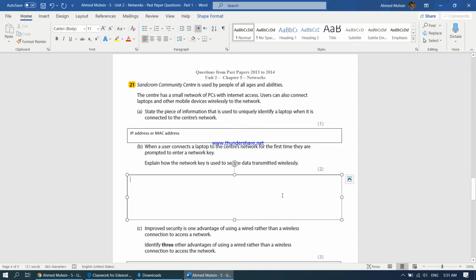So you can say the data emitted by the center's network is encrypted, which means that the laptop would not understand any of the data from the network.